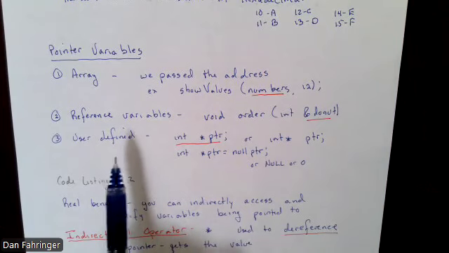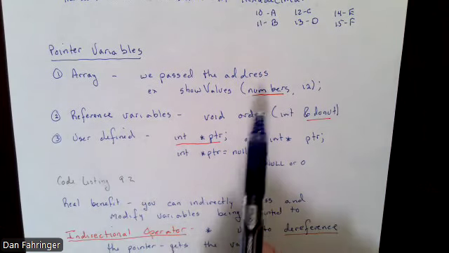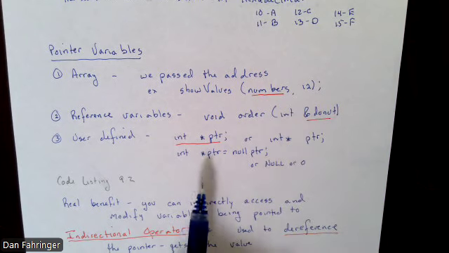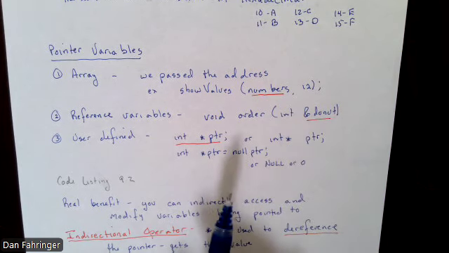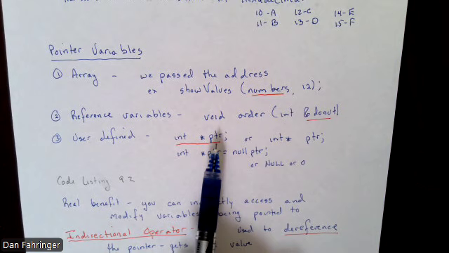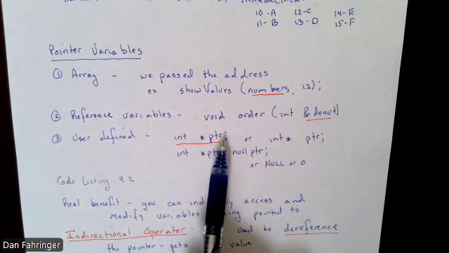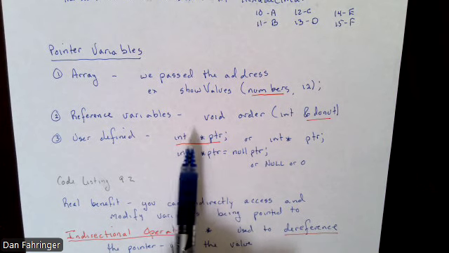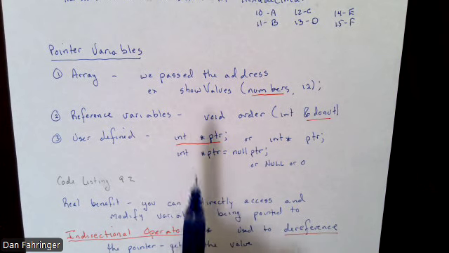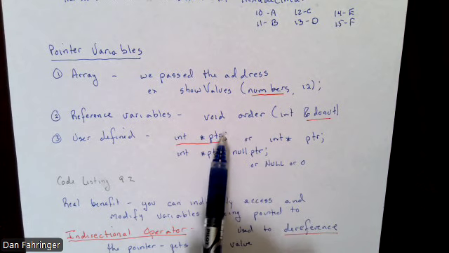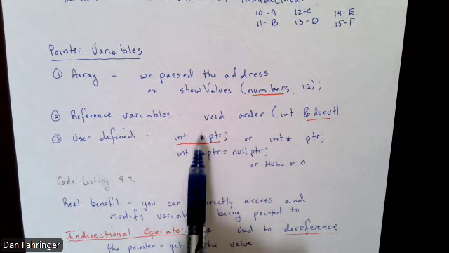And today we're going to look at a third pointer variable. Again, these are the first two we talked about, and we're going to create our own. And what we're saying is I want to store the address of what points to an integer. This is something that you're just going to live and die by.